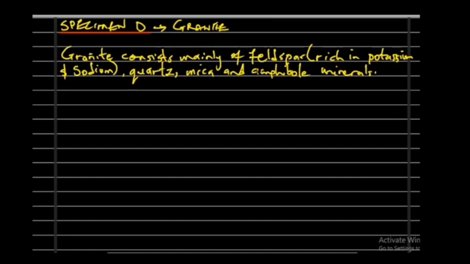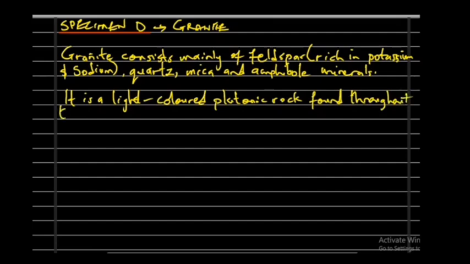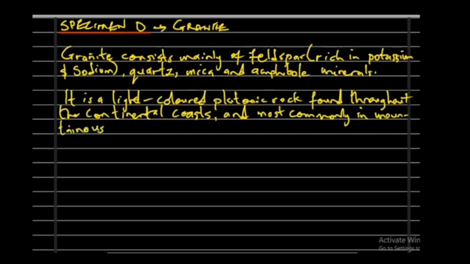It is a light colored plutonic rock found throughout the continental coasts, and most commonly in mountainous regions.